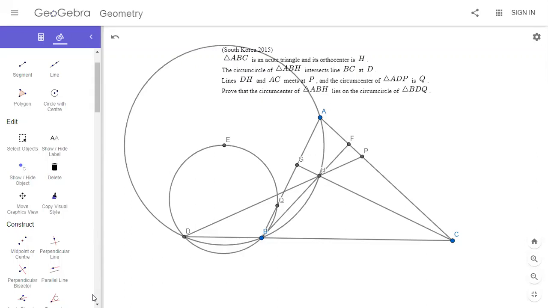So Q would basically lie on, well, yeah. That's so random. So Q is the circumcenter of ADP.